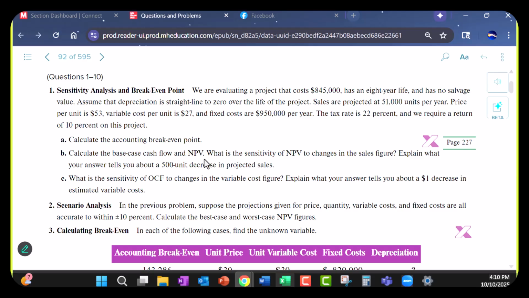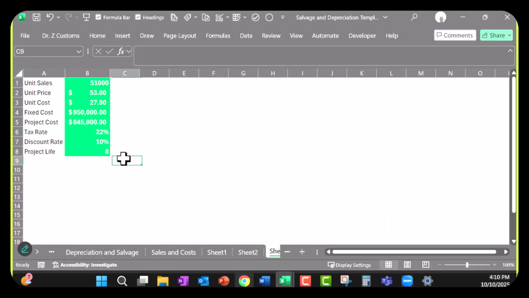We're going to calculate base cash flow. We need to calculate operating cash flow. So let's do this. Let's do sales.